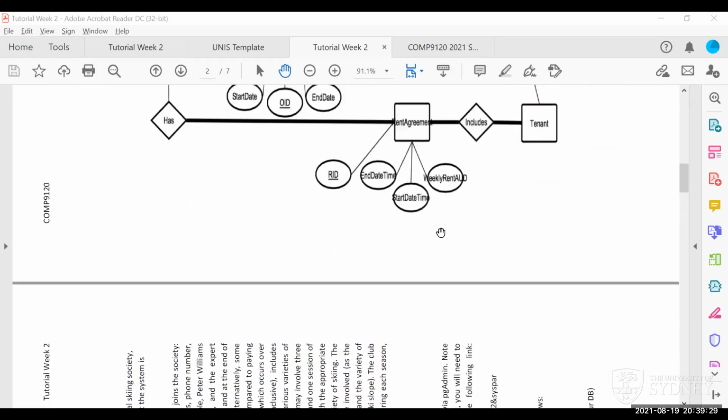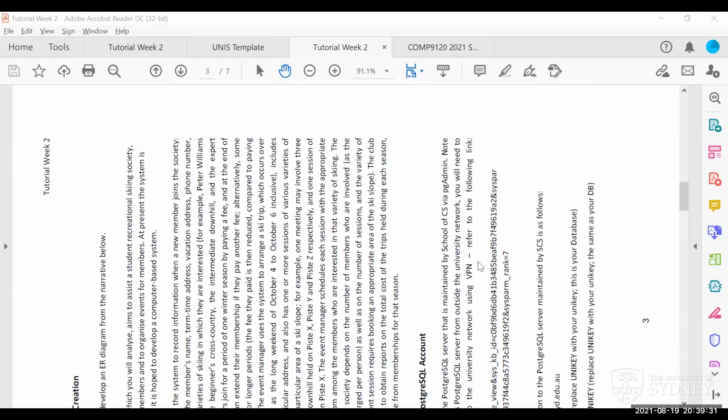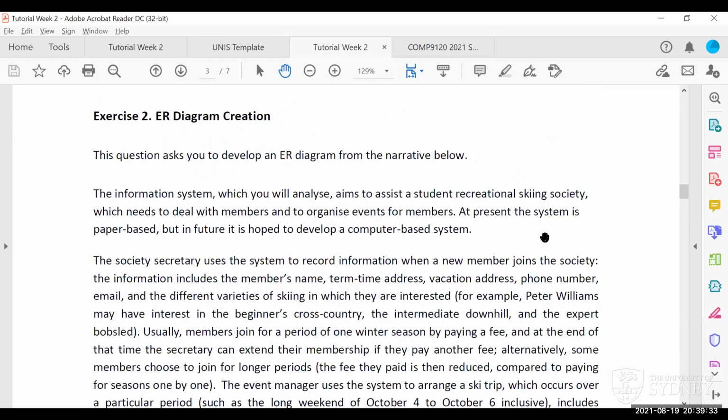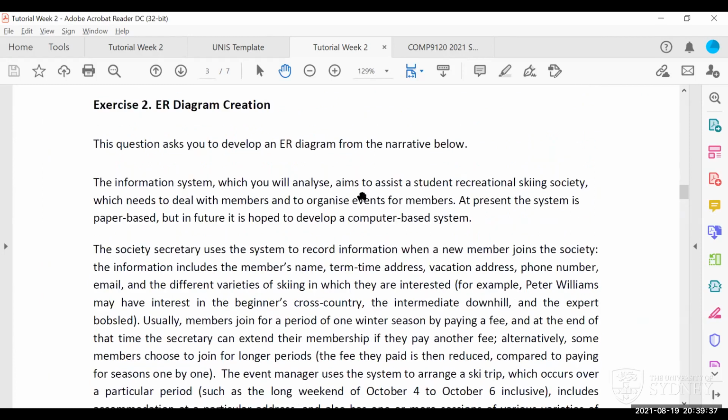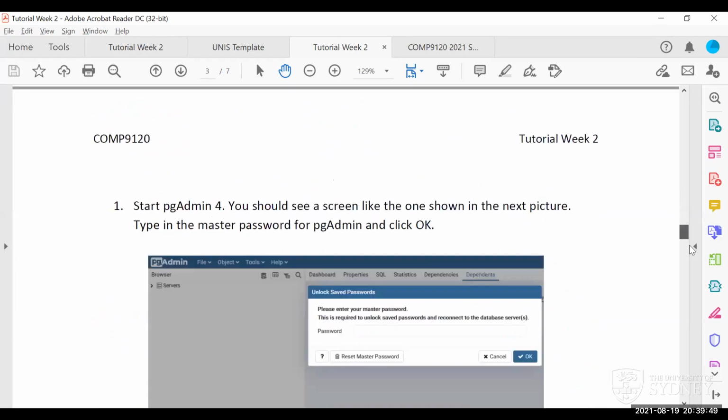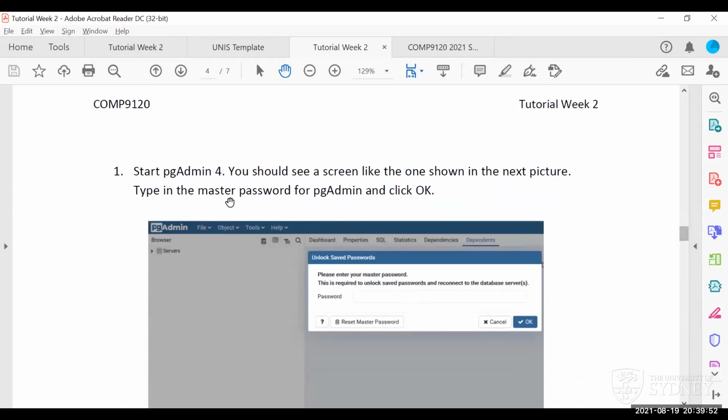All right, let's look at our story for exercise 2. Okay, we want to try to finish this at least 5 minutes before 9 o'clock. So we can spend the last 5 minutes for all of you to try to connect to the school PostgreSQL database.